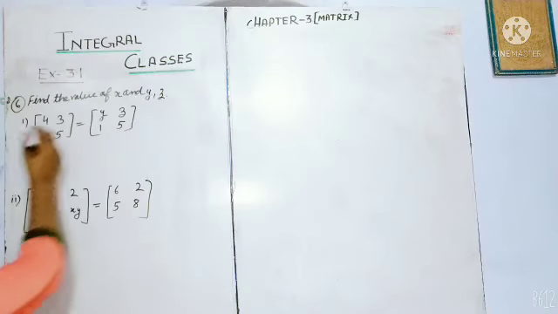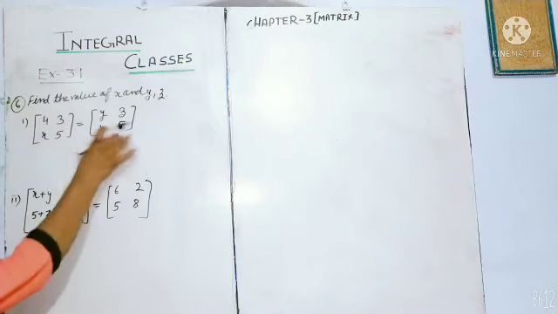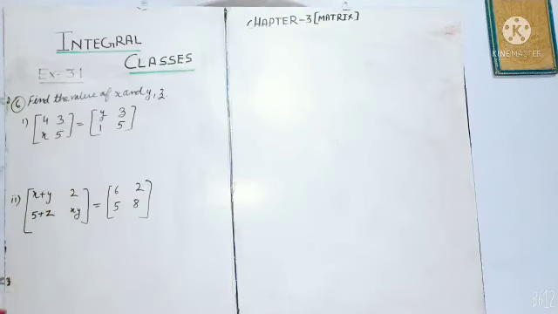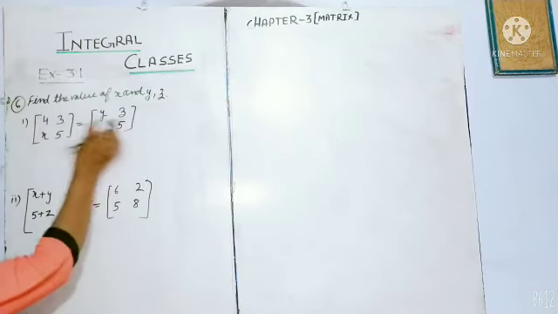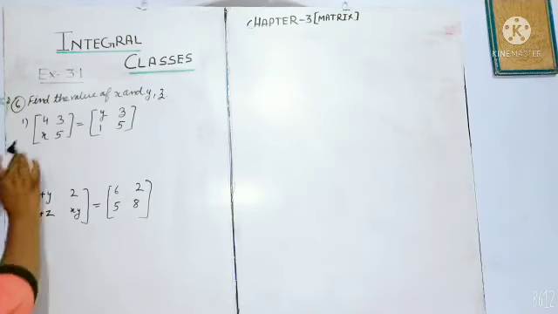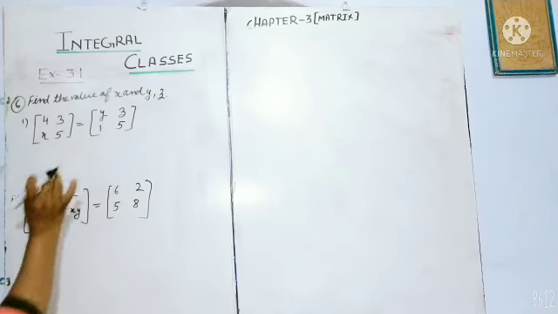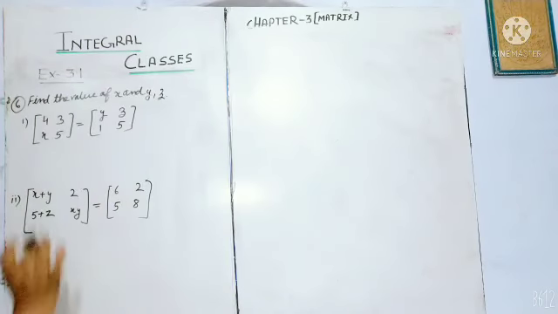Question number 6. Find the value of x, y, z. So students, we know that if two matrices are equal, then corresponding elements are also equal. So we will apply this application of matrices here. We are given that these two matrices are equal. So corresponding elements are also equal.